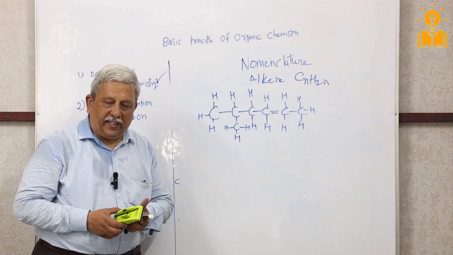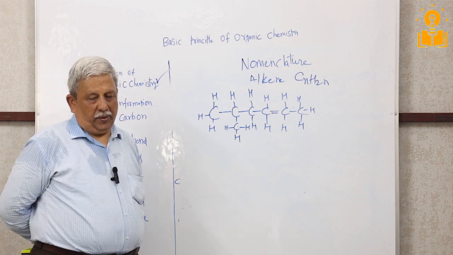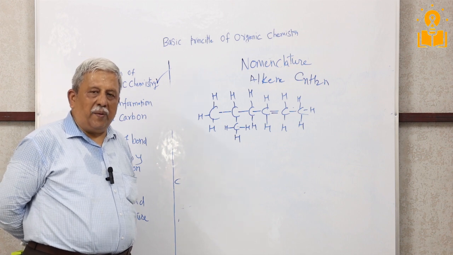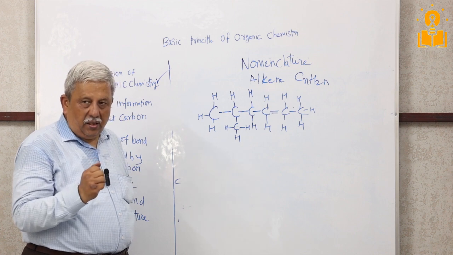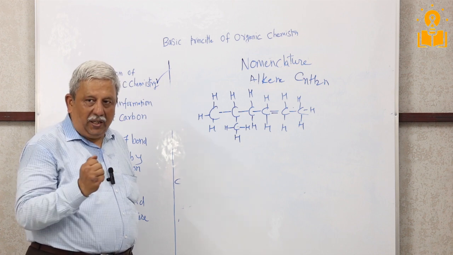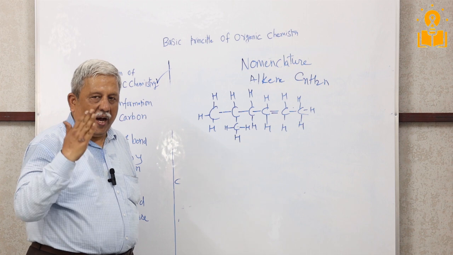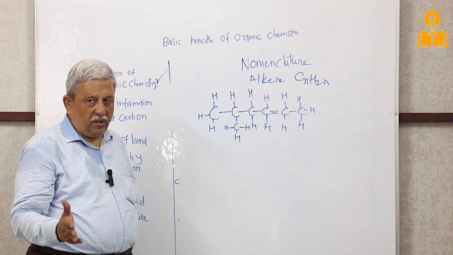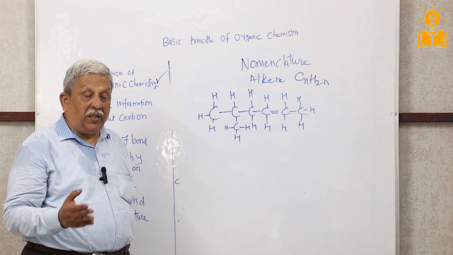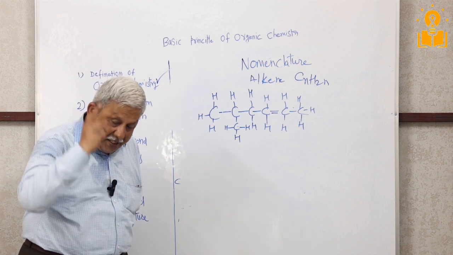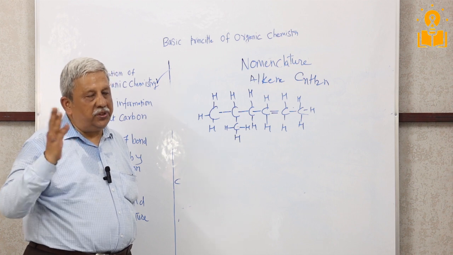For IUPAC nomenclature, again, you have to follow the same rule. What is that rule? Select the chain which contains the double bond and the maximum number of carbon atoms. It's not only the maximum number of carbon atoms, but you should select the chain which contains the double bond and the maximum number of carbon atoms. That's something we need to see.